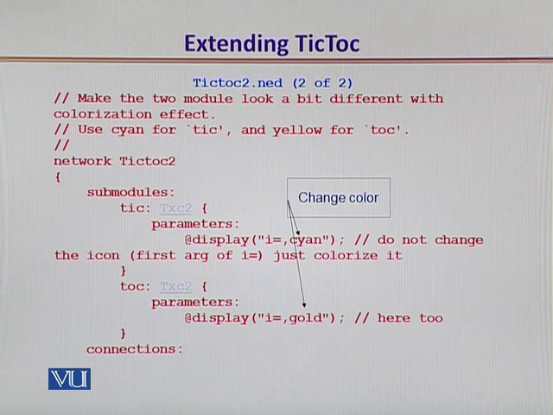In each of these independent submodules, using the same command @display, here i is equal to cyan, it actually means that we are giving the color cyan to the icon that had already been assigned to it. So it means the argument of icon is not replaced, it is rather colored. Similarly, for talk, we are going to change the color now to gold.